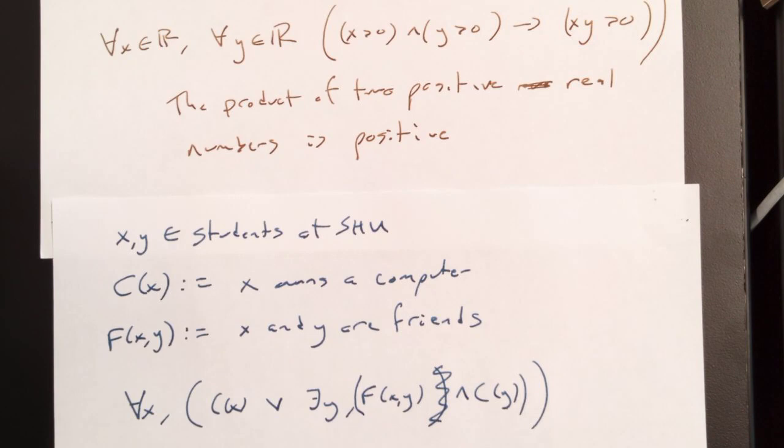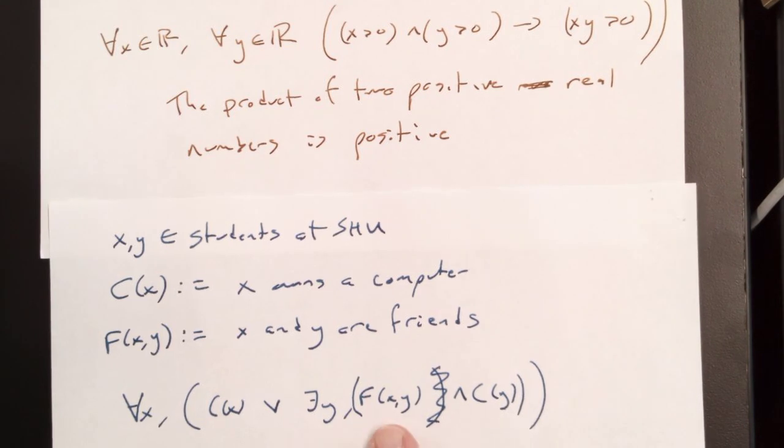Right. What does this say? Ian. So for everyone that. Aha. For every student at Seton Hill, they either own their own computer or there is some other student at Seton Hill who is their friend and the friend owns it.